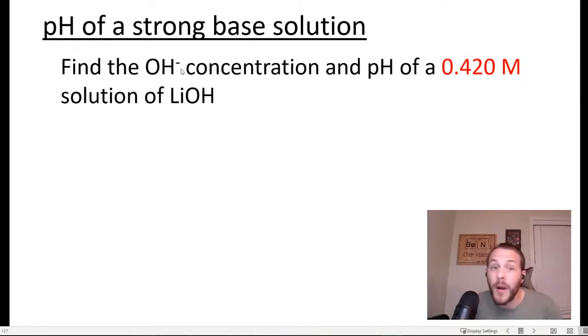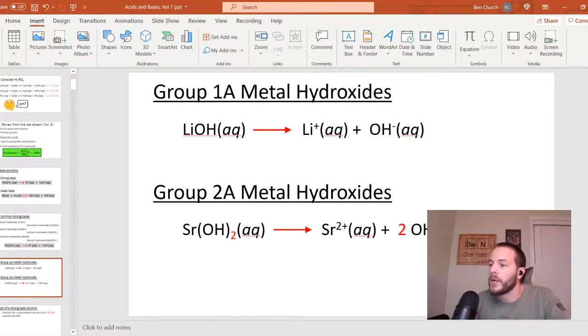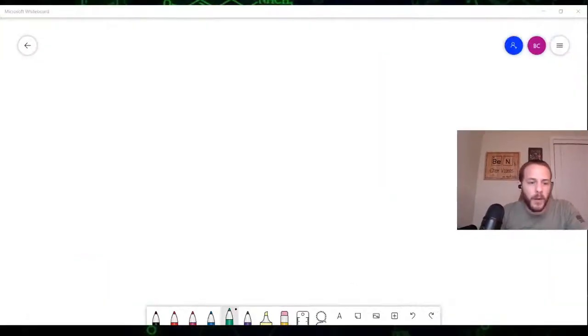It says find the hydroxide ion concentration and the pH of a 0.420 molar solution of lithium hydroxide. Lithium hydroxide, of course, is a strong base. So let's go to the whiteboard to solve this one. If you'll give me just a moment here, I'm going to open up the whiteboard and copy and paste the problem in here. And if you have a scientific calculator, I highly recommend busting it out so you can follow along.